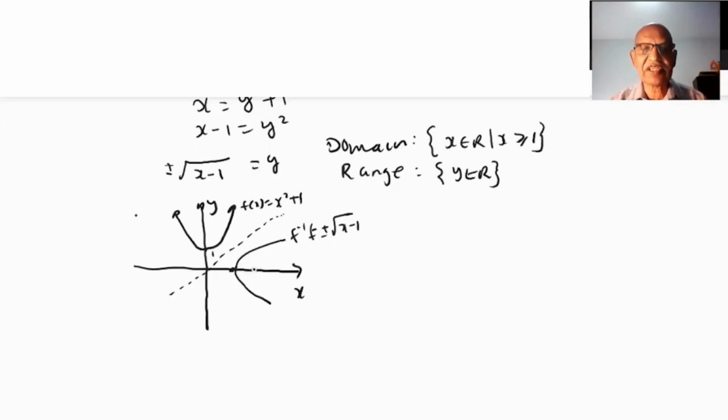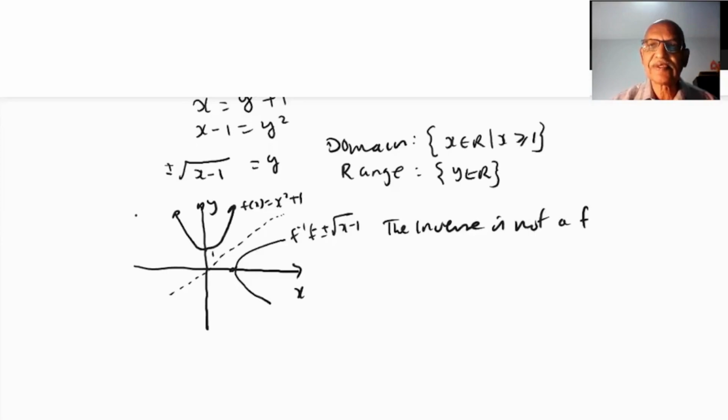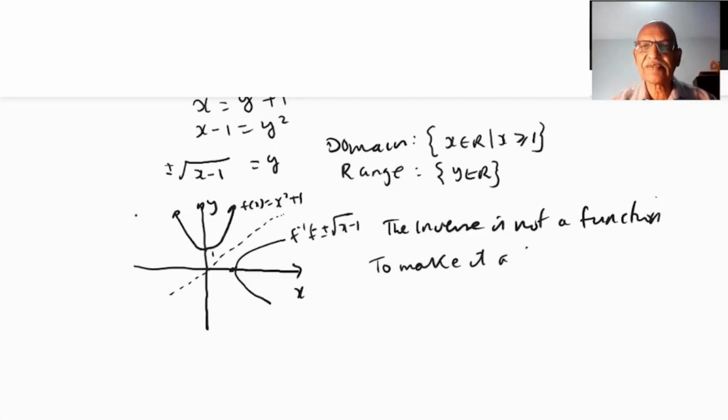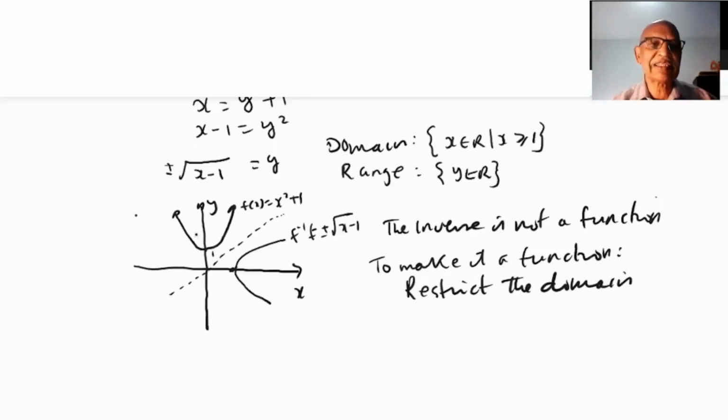So is the inverse a function? We know this parabola is a function because of the vertical line test, but this is not a function. So the inverse is not a function. But in order to make it a function, we restrict the graph, we restrict the domain. Restricting the domain means I can take one branch here or the other branch here.